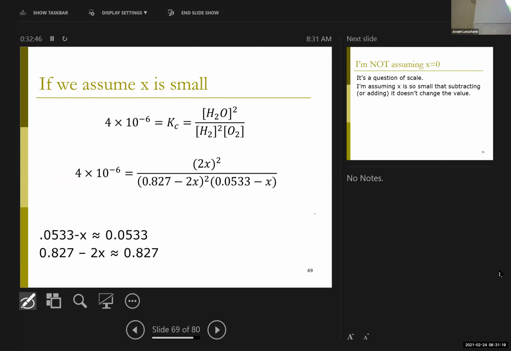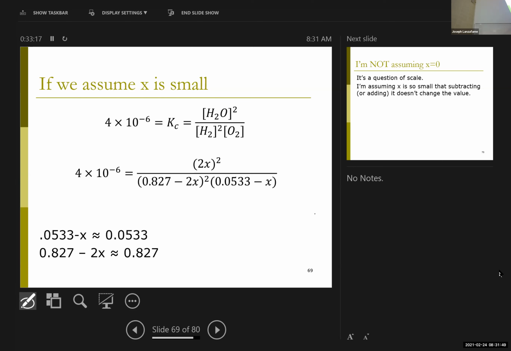I'm assuming x is small relative to 0.0533, which is a starting concentration. If you think of this in terms of the underlying chemistry, what I'm assuming is that not a lot of stuff reacts, right? Those 2 amounts in the denominator are the initial amounts of the reactants. And so my fundamental assumption here is that the amount of reactants doesn't change very much.